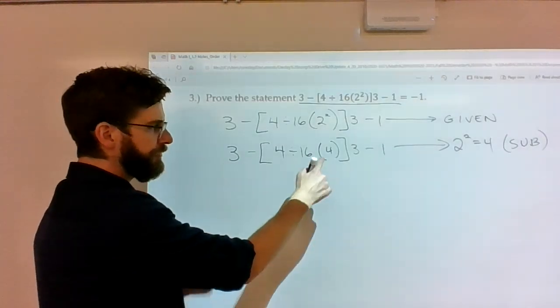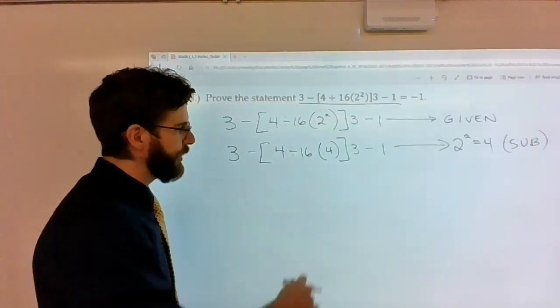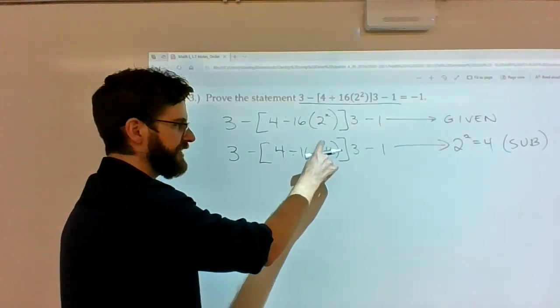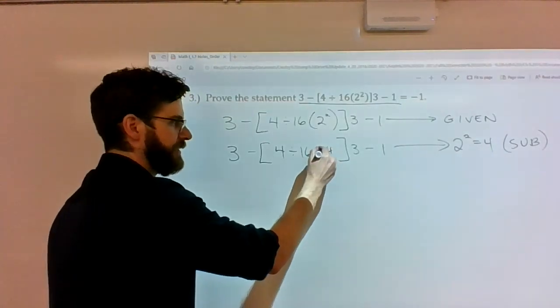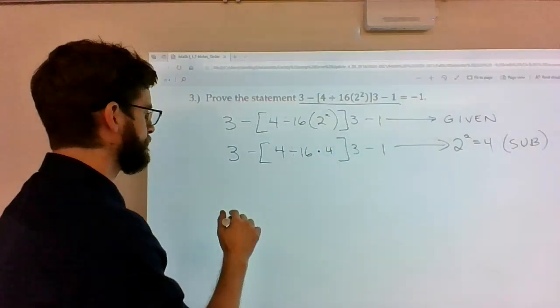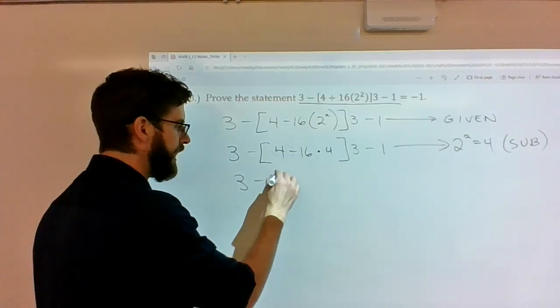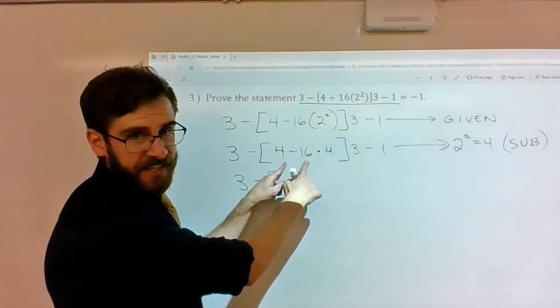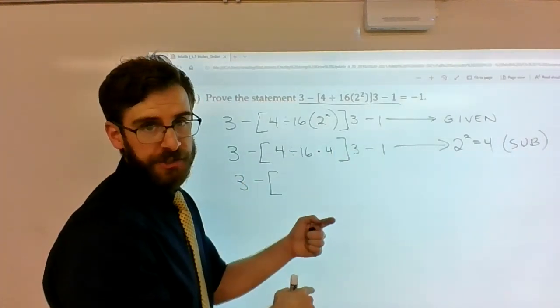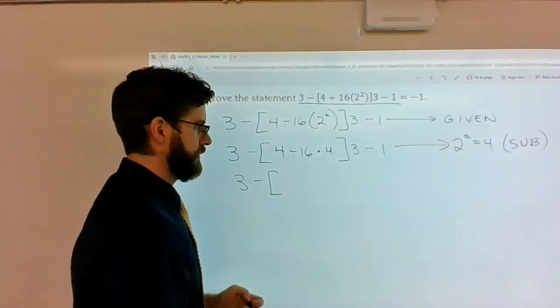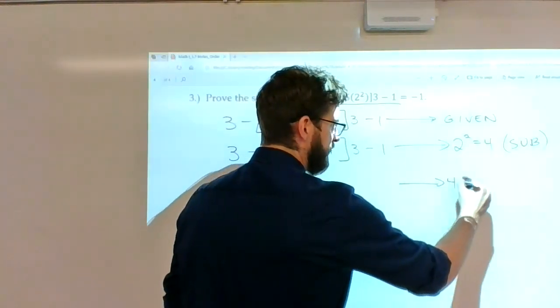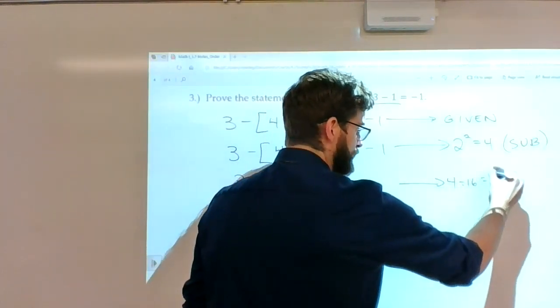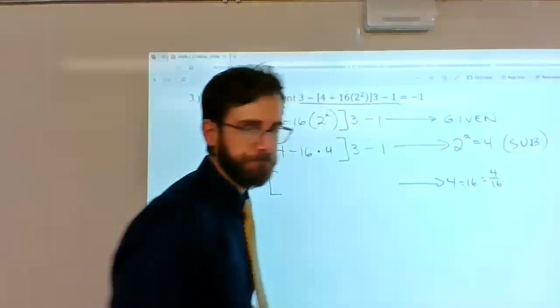All right, next move. You know what? Why did I put parentheses down? There's nothing happening in the parentheses. Just put multiply. So it's 3 minus. The 4 divided by 16 needs to transform now into a reduced fraction. So what does that look like? 4 divided by 16. It looks like 4 over 16.